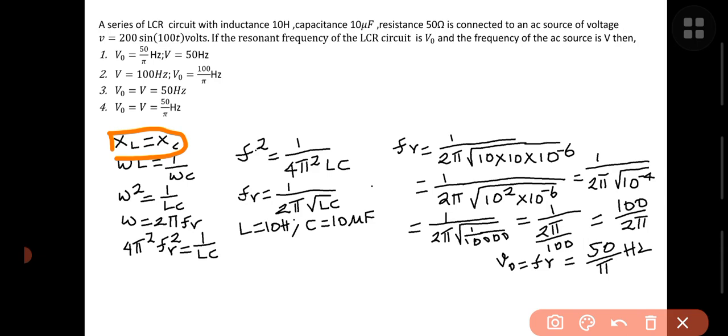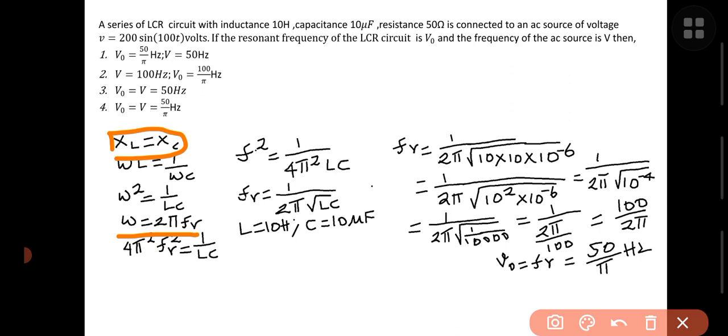XL is equal to omega L, XC is equal to 1 by omega C. From this, we find omega square is equal to 1 by LC, and omega is equal to 2 pi Fr, where Fr is the resonant frequency.